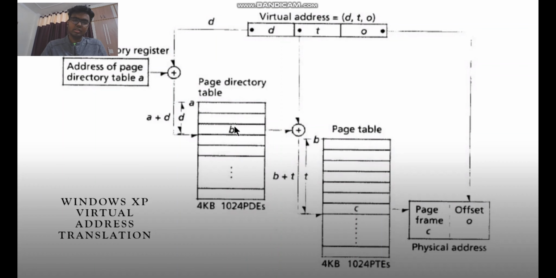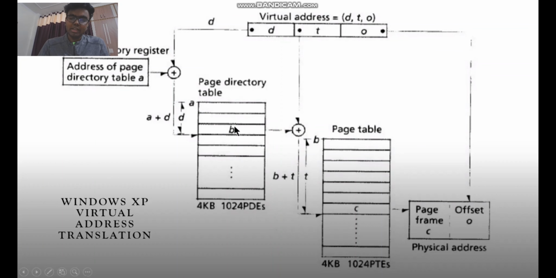D is for the page directory table, T is for the page table, and O is for the offset. So when we have the PDEs and we have A as the address of the page directory table, we move A plus D times in the PDEs and we get B, which is the page table.